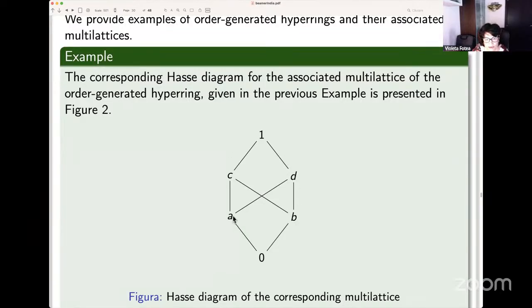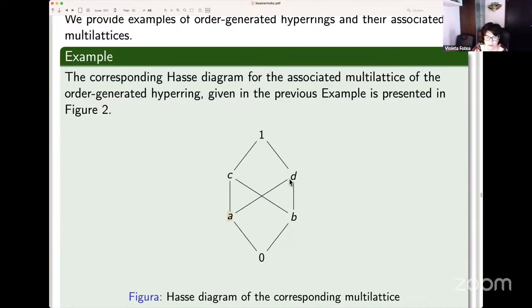So you see here, we do not have just a supremum for A and B, but we have a subset composed of C and D, which stays as a supremum of minimal upper bounds.